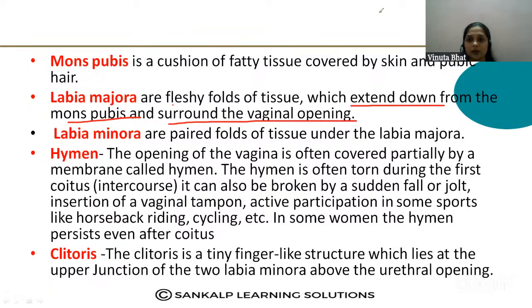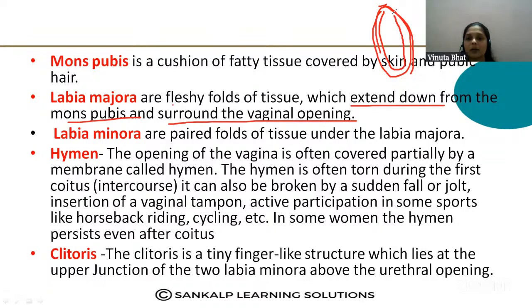So how is it? It is above the mons pubis, and from top to bottom it lies like this around the vaginal opening. That is called the labia majora. Then just below the labia majora, there is a pair of folds of tissue present, that is called the labia minora.